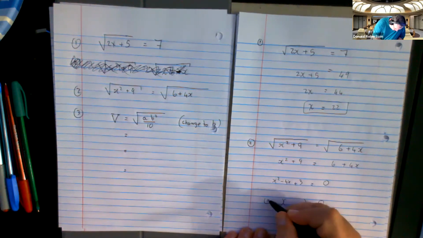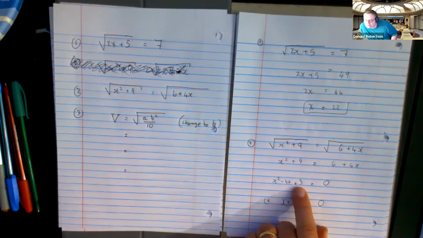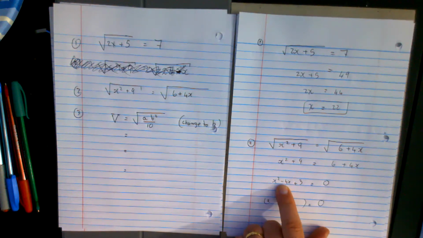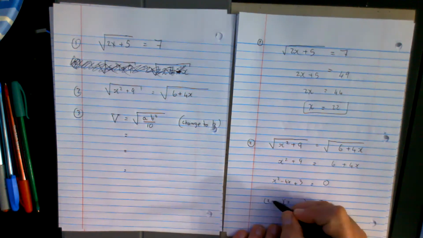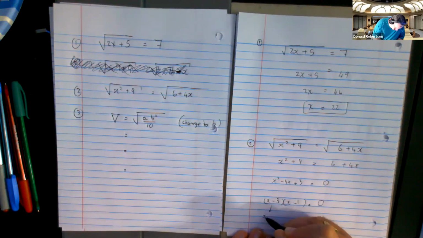Since it's an x squared, we don't need that magic cross. That's something in its favour. I'm looking for 2 numbers that multiply together to give me +3, but when I combine them, I get -4. -3 and -1. And that gives me 2 solutions.